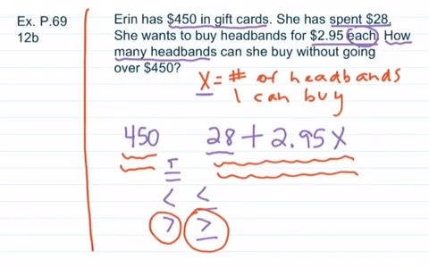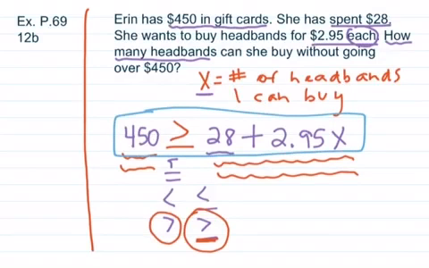Can I spend $450? Do I have enough money? Could it be equal to? Yeah, absolutely. So this is going to end up being $450 is greater than or equal to $28 plus $2.95 times X. This would be my inequality that I write to represent this real world problem.